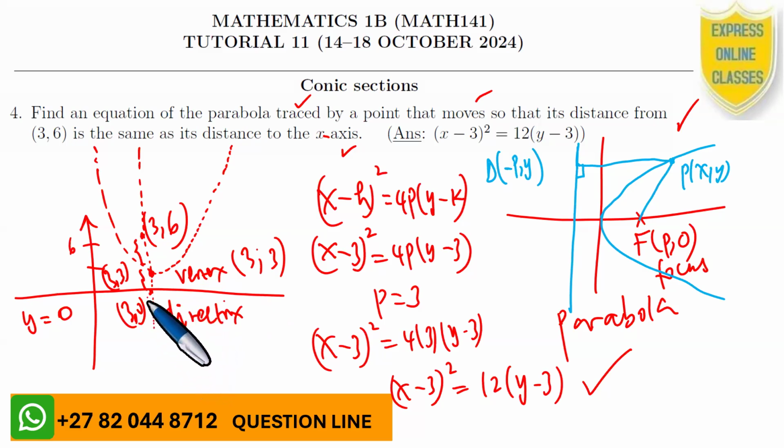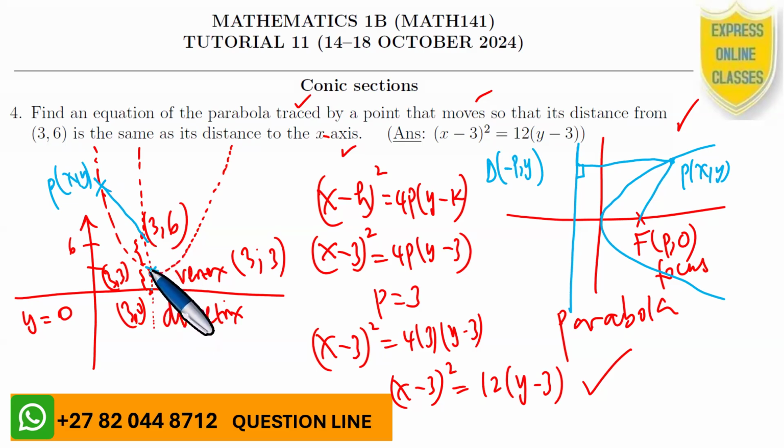And then we interpret the fact that we need to find the equation of the parabola traced by a point that moves, so that its distance from 3, 6 is the same as its distance from the x-axis. So we can put the point somewhere here, call it x and y. As it moves here, its distance from this point is the same as its distance from the x-axis.